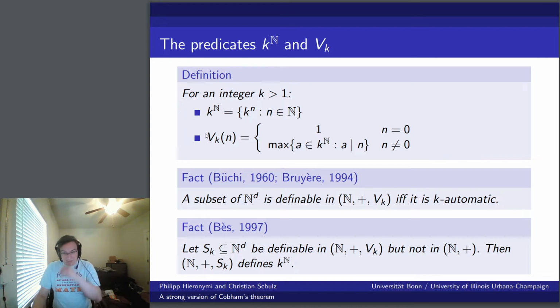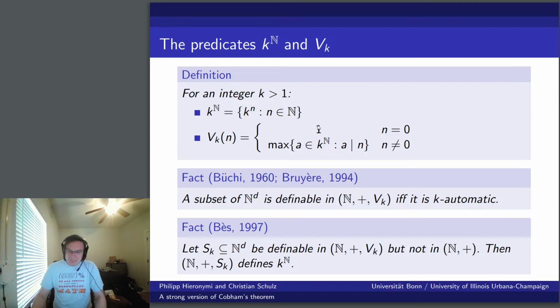The other thing I'm going to define is this function v_k, and that takes some natural number n and maps it to the largest power of k that's a factor of n. This is if n is not equal to 0. If n equals 0, that would be undefined, so we just say it's 1. It doesn't really matter what we do in that case.